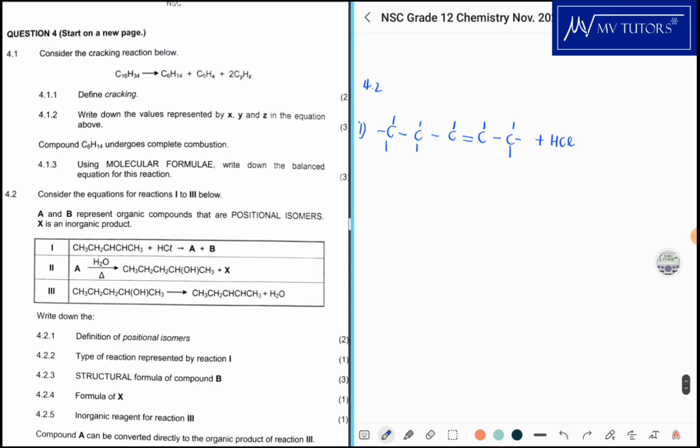So in adding it, this is an addition reaction, by the way. So what kind of addition reaction is this? This is hydrohalogenation, because there's a hydrogen and there's also a halogen. And what do we normally get as a product? We're going to get a haloalkane as a product.